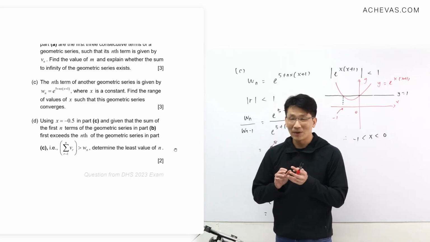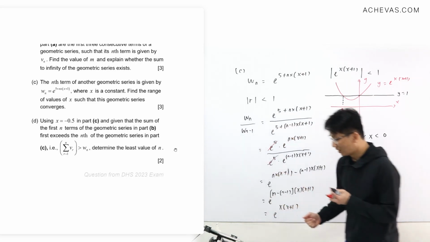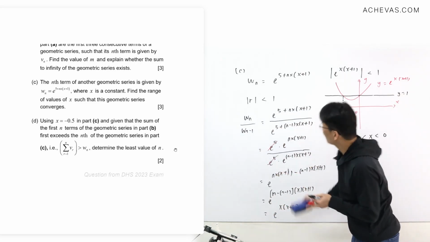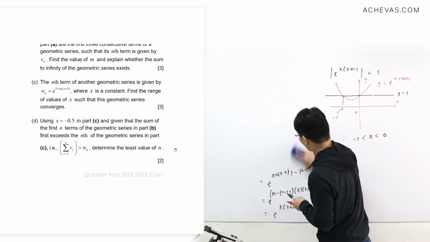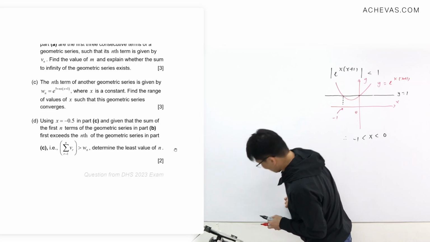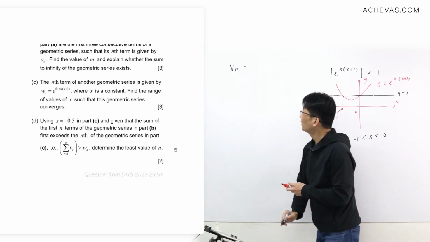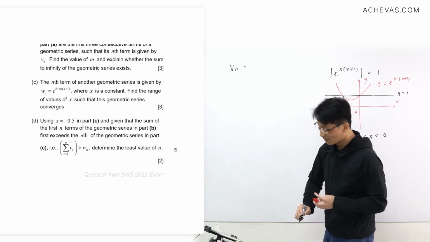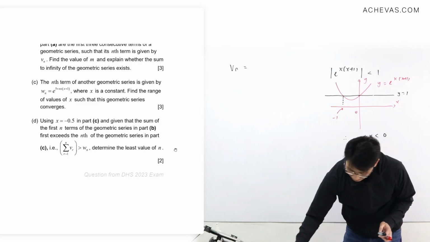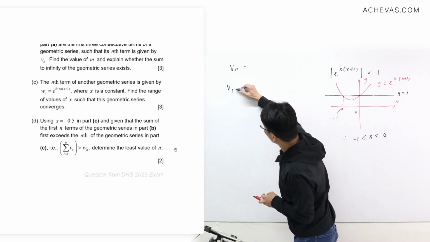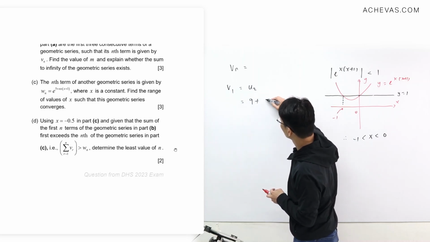All right, perhaps I can just recall what our GP in part B is first. This is our Vn expression. The first term V1 will be the same as U2, and is given by 9 plus 6.